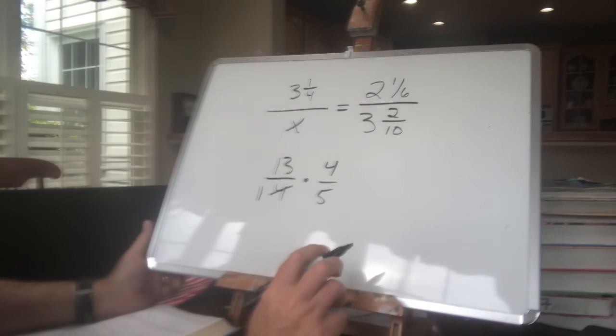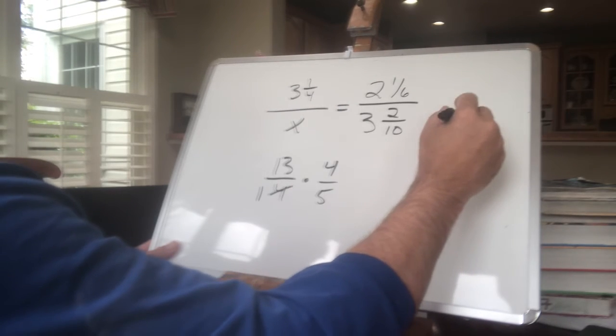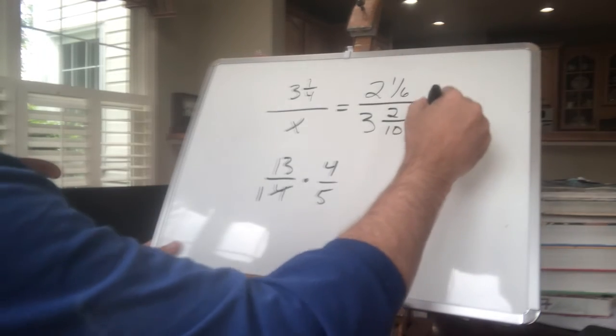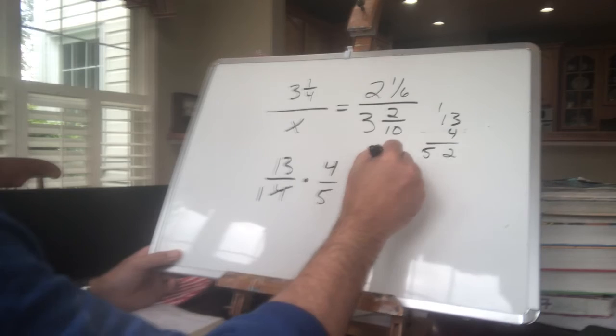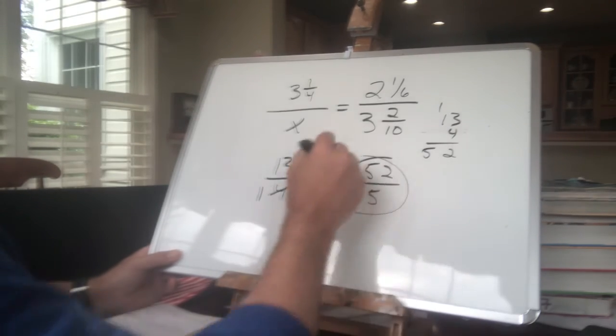4/5. Now I'm as low as I can go. 13 times 4 is 52, and 1 times 5 is 5. So that is my cross multiply.